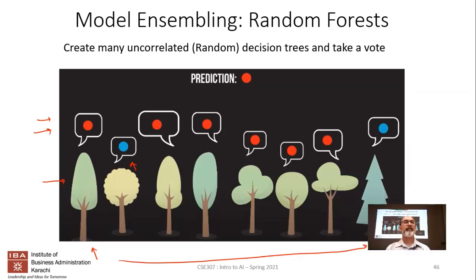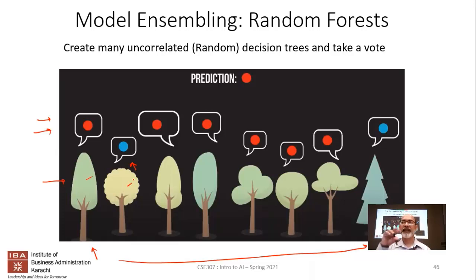The tree will ensure that the entropy or the Gini score is minimized in all the subgroups that are formed. Ultimately each one of these trees is going to try to minimize the entropy of each one of those subgroups. Okay, does that answer your question?